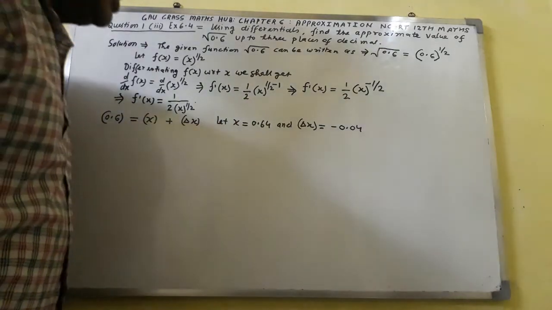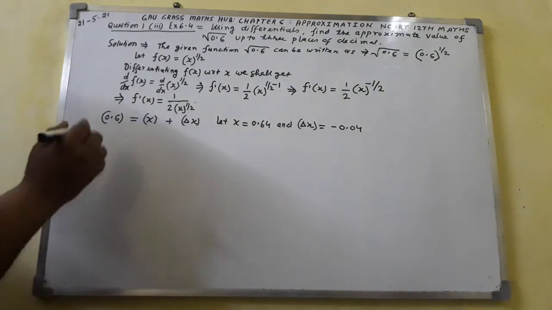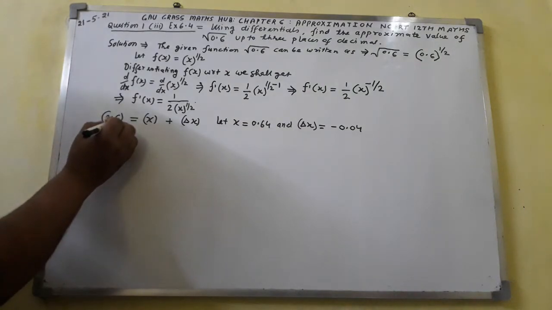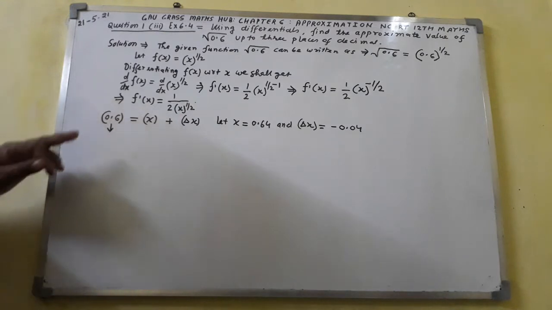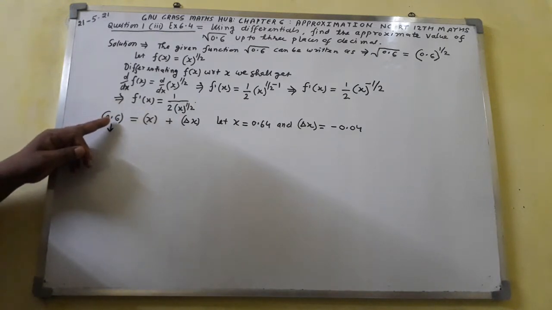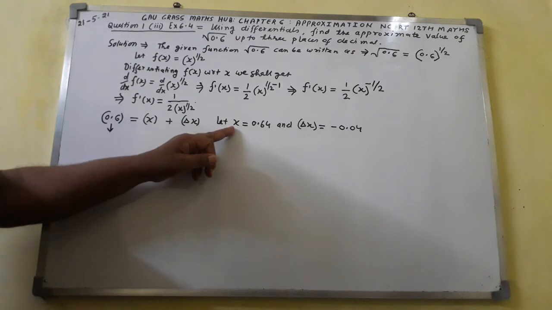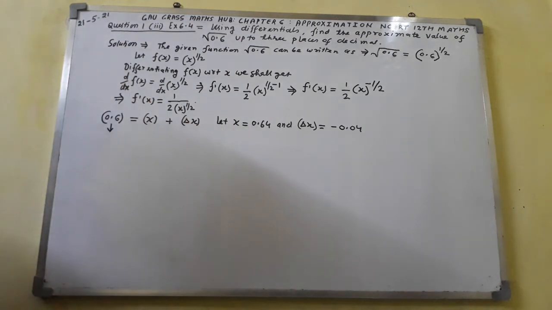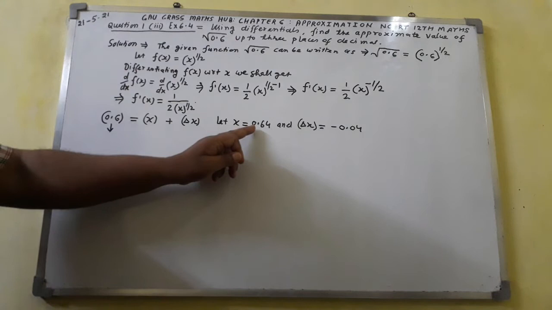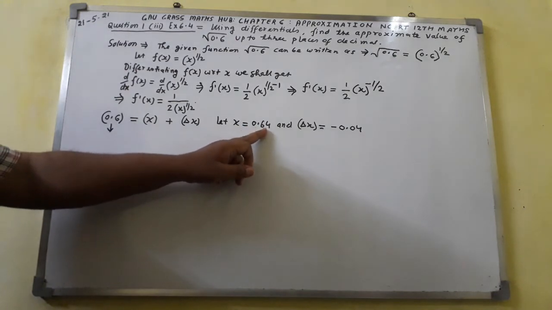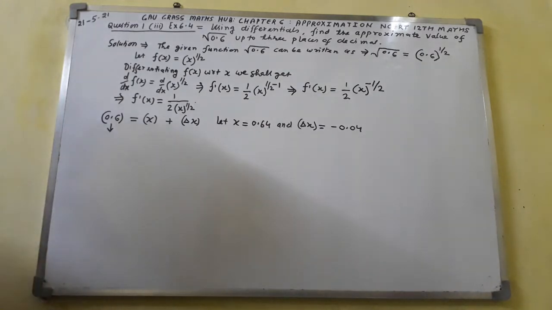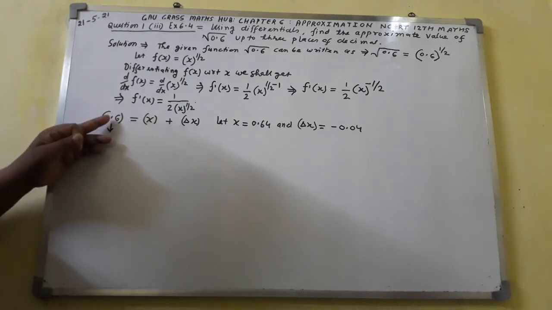So now here I shall explain. From the value 0.6, the value of x will be determined. Here the value of x I have taken, 0.64, will be the whole square of a number. Think over. Here 0.6 is available.